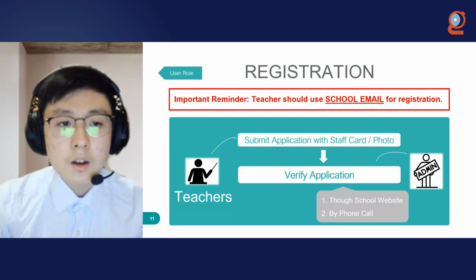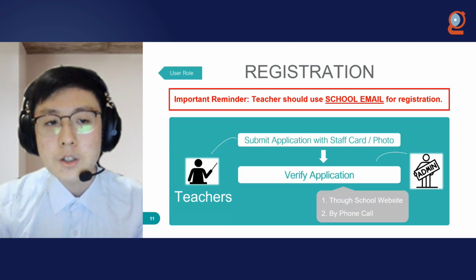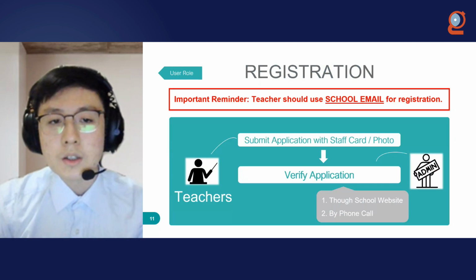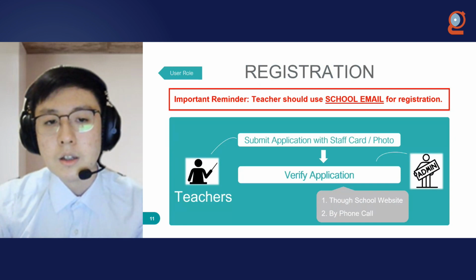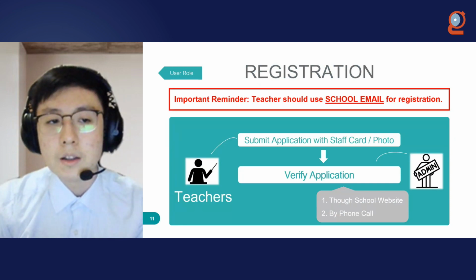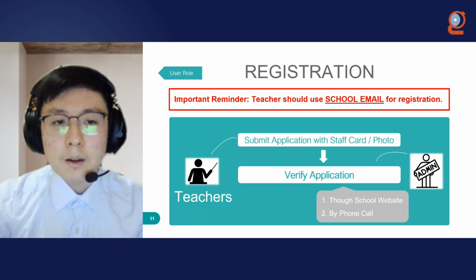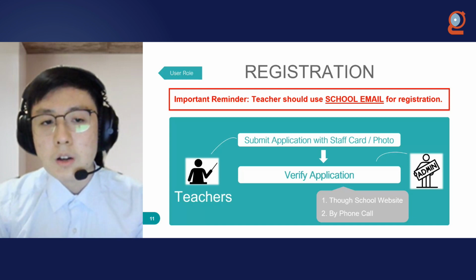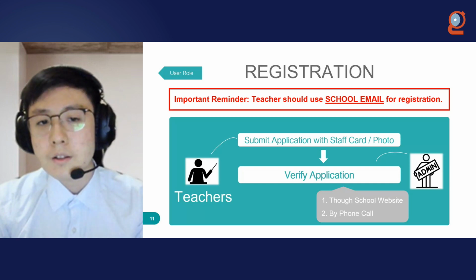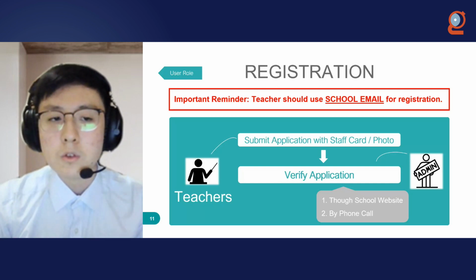Next frame. For the registration of teachers, they need to submit their staff card or their photo to prove their identity information. Once they complete the application, our admin will verify with the school website or phone call them.